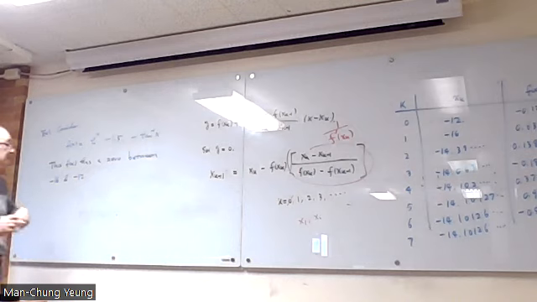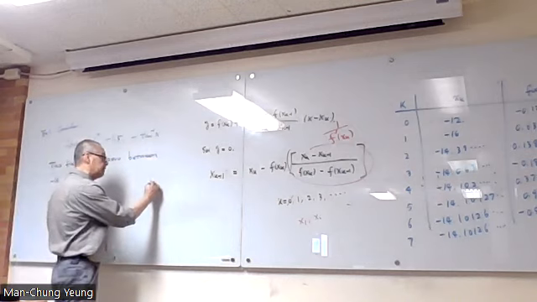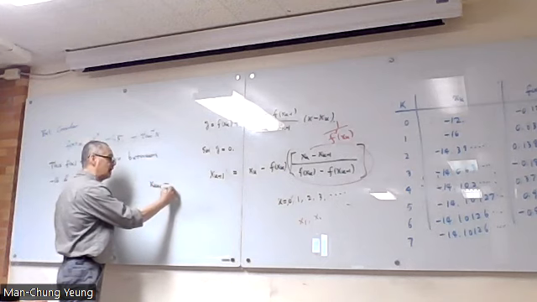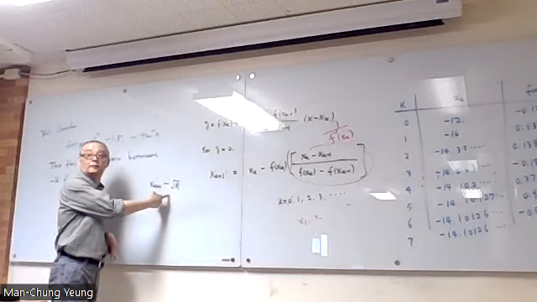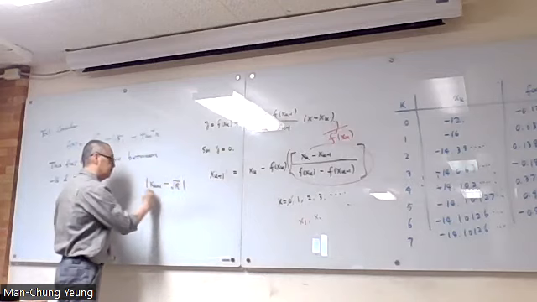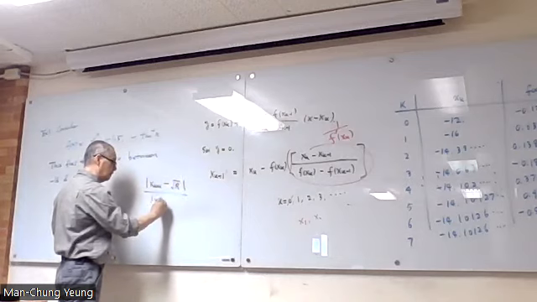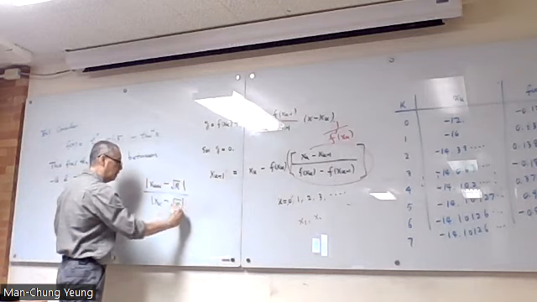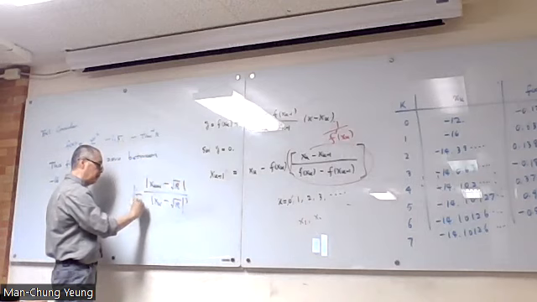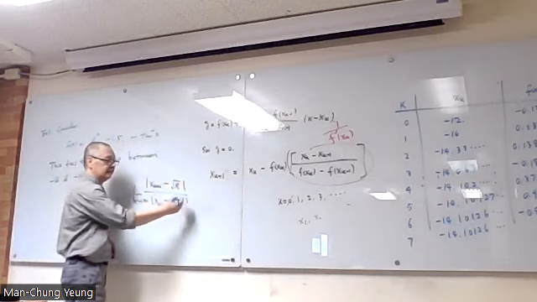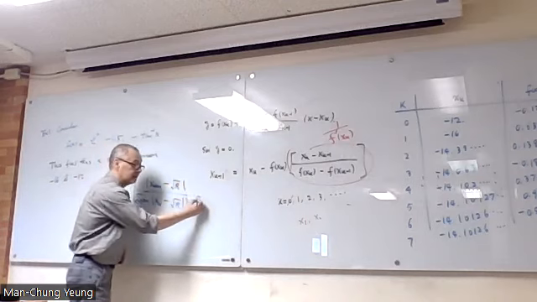That means that you need to show that the limit of |x_{k+1} minus the limit| over |x_k minus the limit| cubed, as k approaches infinity, exists.